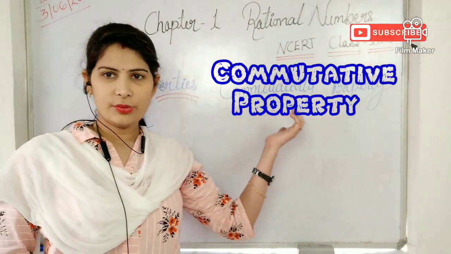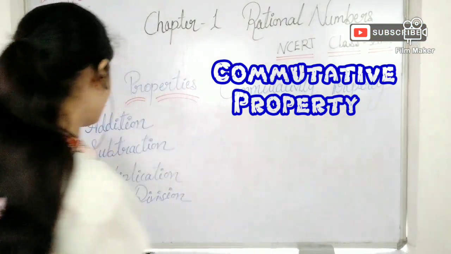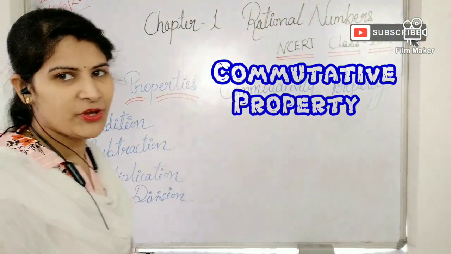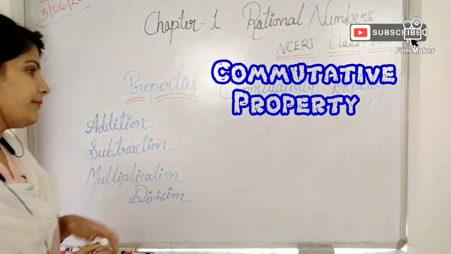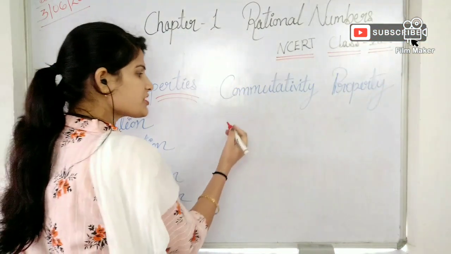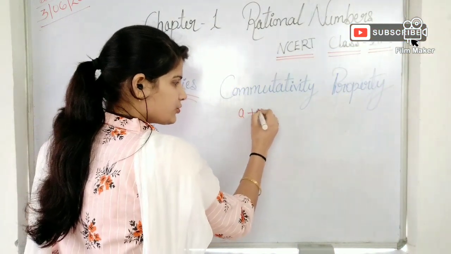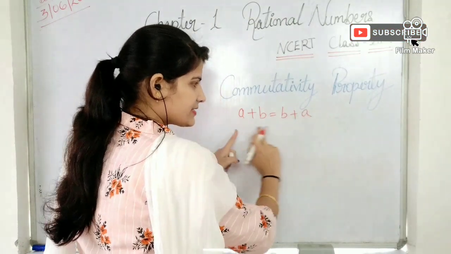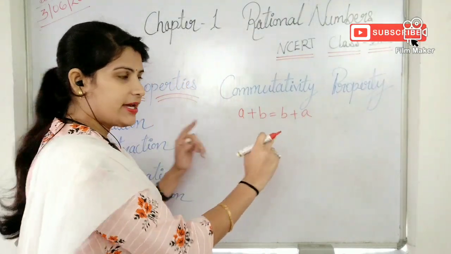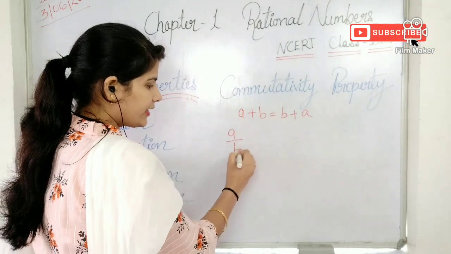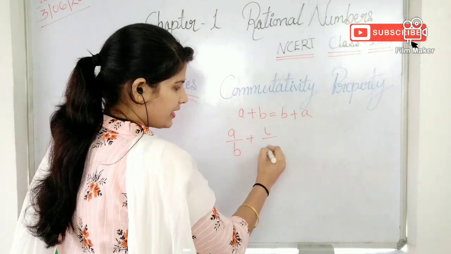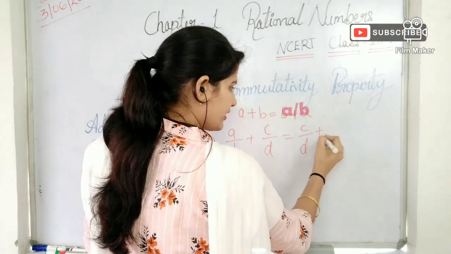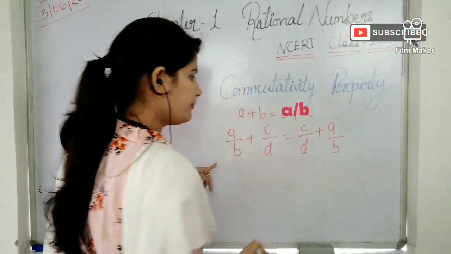Okay. Let us check another property: commutative property. Let us check addition, subtraction, multiplication and division. First, addition. What is commutative property? As you know, a plus b is equal to b plus a. In rational numbers, a upon b plus c upon d equals c upon d plus a upon b.